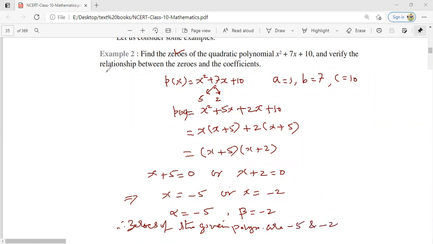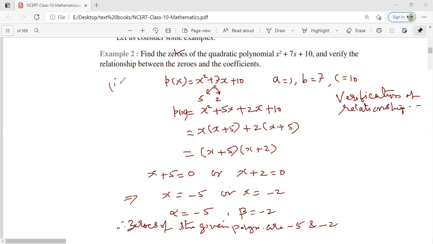Now the second thing is verification of the relationship between the zeros and the coefficients.